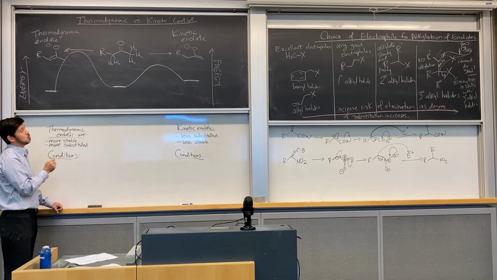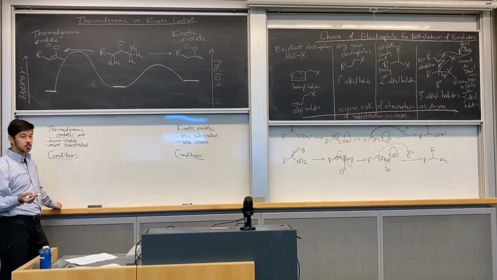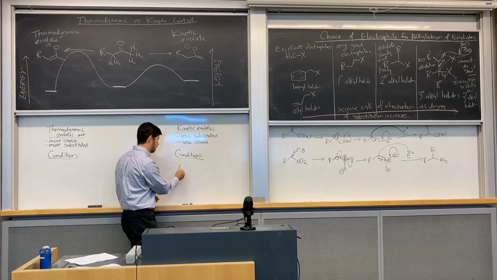Let's talk about energy in the pathway. That's one of the easier variables. With kinetic enolates, you typically don't need as much energy. In fact, you want to keep that energetic barrier quite low. So in terms of reaction temperatures, for kinetics, we'd want to keep the temperature typically cold, so low reaction temperatures.